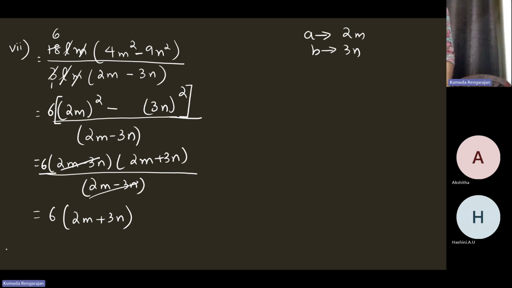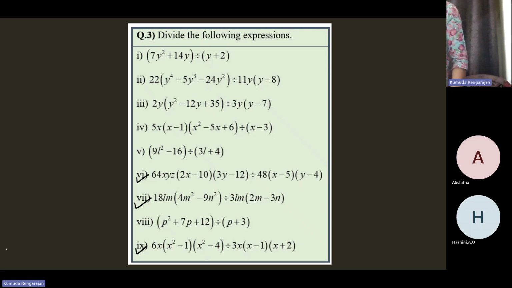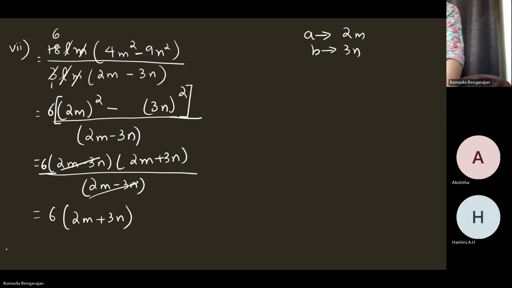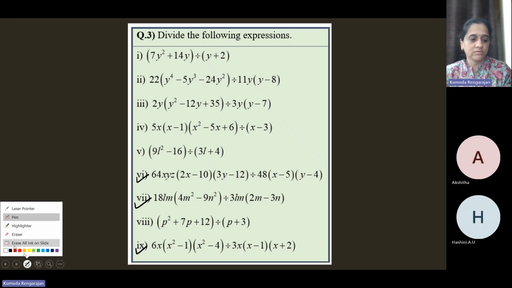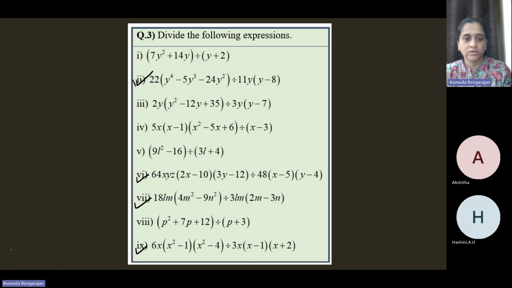Easy steps. Answer 2x plus 1 is 6 minus 2. You finished the ninth one? Yes, ma'am. Okay, if you finished the ninth one, then you can try this one. That's all in this set of questions. Try this one.